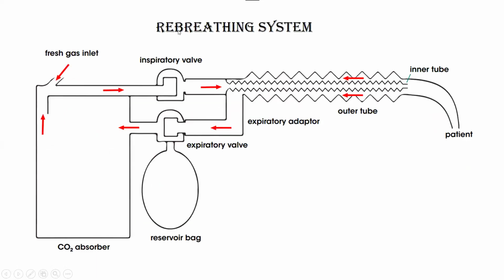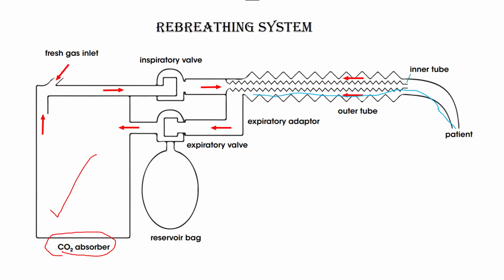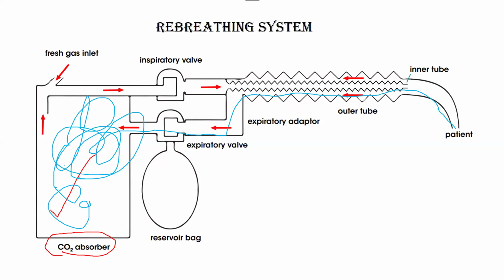And this is the image of the rebreathing system, and you can see we have a carbon dioxide canister in it, because after inhaling the gas, when the patient exhales, the carbon dioxide will move from here into this carbon dioxide canister, all the carbon dioxide will get absorbed, and from here the gas will move in this pipe, and fresh oxygen will also come from here, and this gas will go again into the patient's lung.